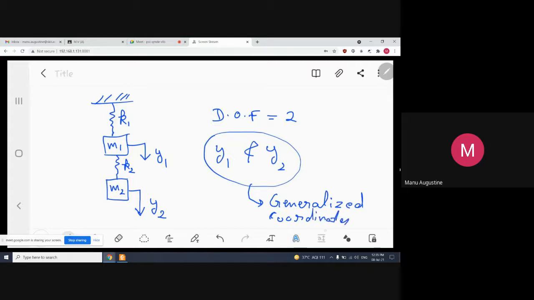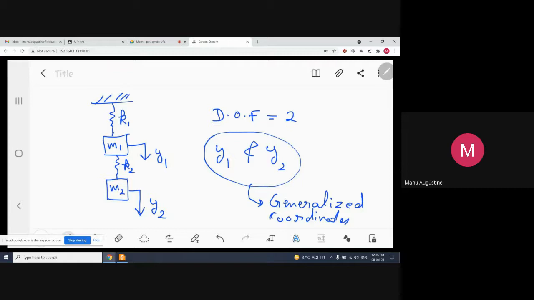So when you talk about generalized coordinates, you actually have to mention the parameters that you are taking to comprise your degrees of freedom. And when you talk about degrees of freedom, you simply mention a number saying how many degrees of freedom a system has. That's all. Whether it is rotational, vertical, horizontal, translational, nothing matters in that case. But when you mention the generalized coordinates, then you definitely come to know whether your coordinates are rotational, translational, vertical, horizontal, and so on.